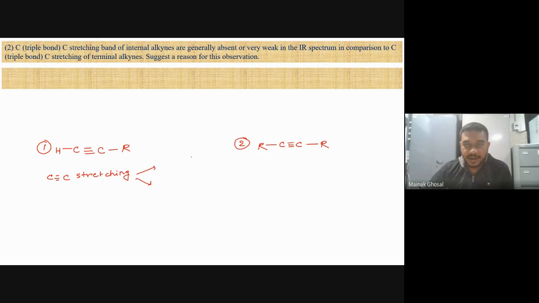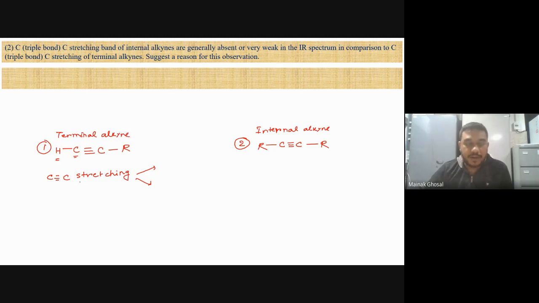One piece of information is given: this one is an internal alkyne, because it is present within the molecule. It has no hydrogen attached to the alkyne. This one is called a terminal alkyne because a hydrogen is attached here. These are the terminologies.